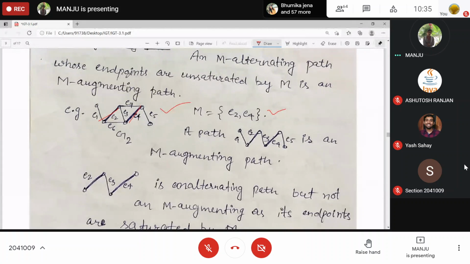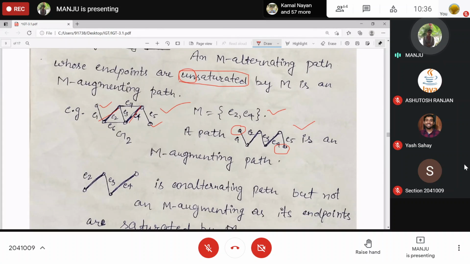The endpoints should be M unsaturated. What did I say, contained in M? No, it should not be contained in M. This point is not contained in M, and this point is also not contained in M. That's why this is your M augmenting path.